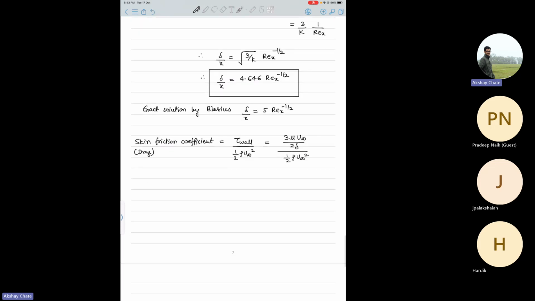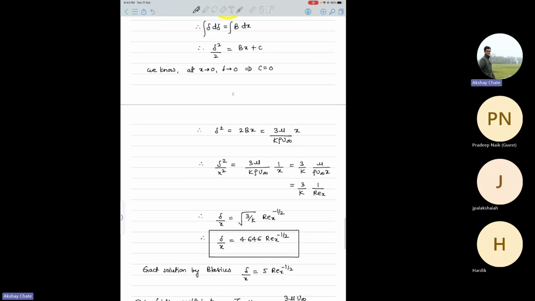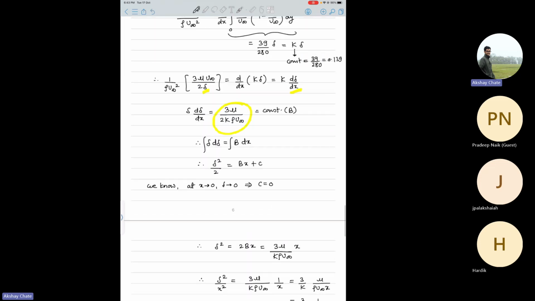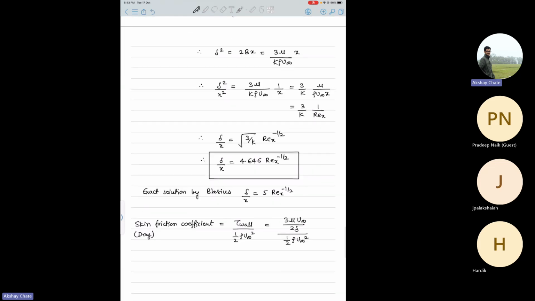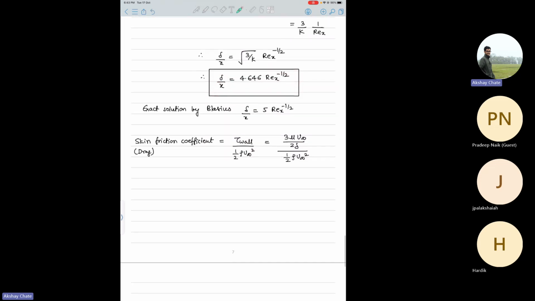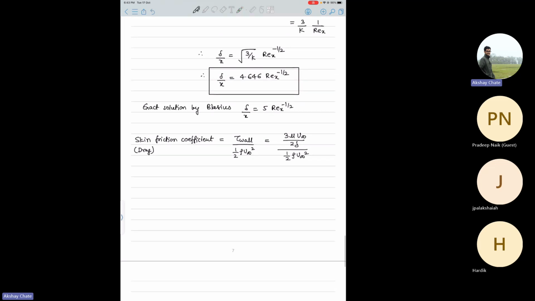If you do all the manipulation, you just have to put in the expression for delta. I'm skipping that part, but it's straightforward calculus.